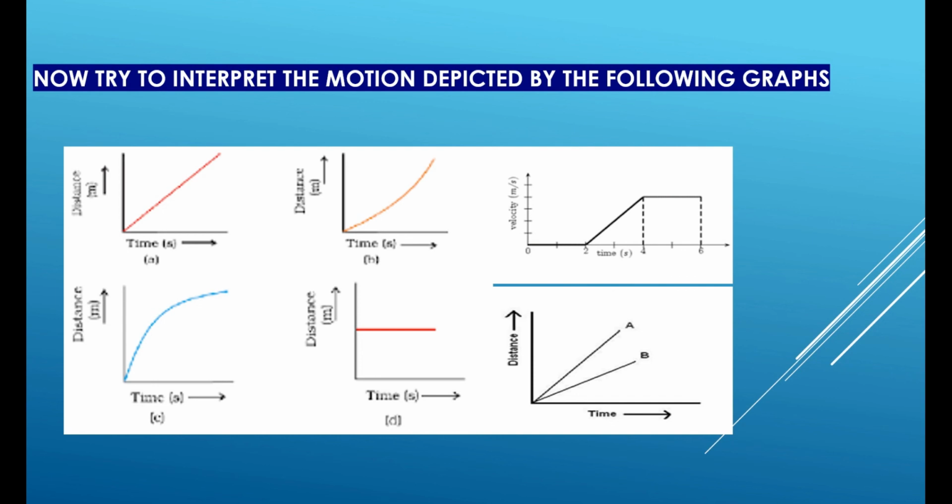Look at this last graph for object A and B. This last graph helps you to compare the motion of the two objects. You can check which one of them is moving faster.